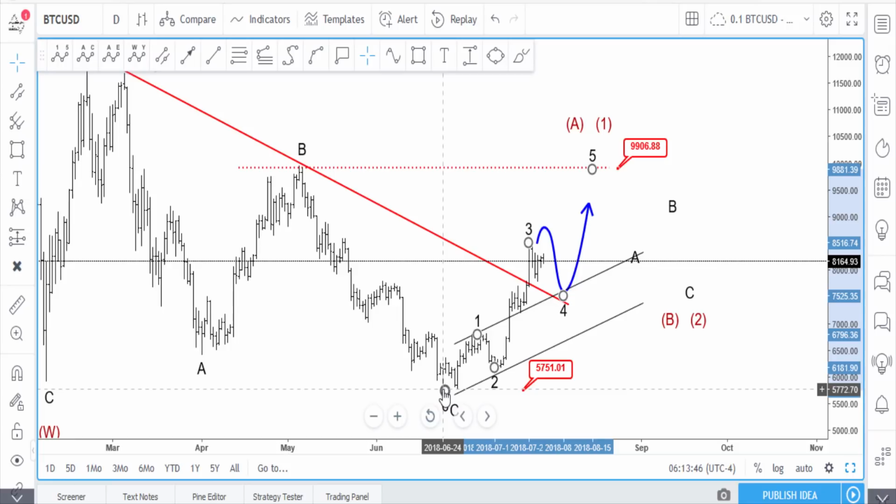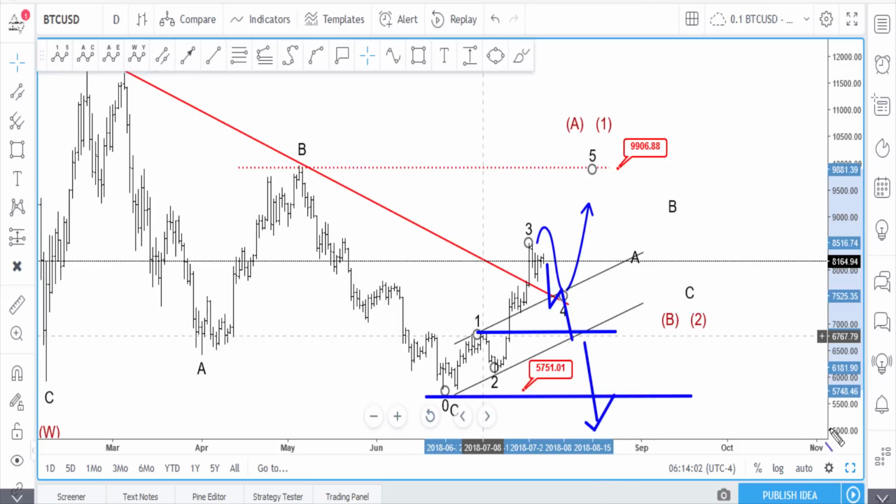So definitely I'm looking for more upside here on Bitcoin, and I would stay with this cycle as long as we are trading above this wave 1 swing high, which was at 6,800 or around there. If we see a drop below that level in an aggressive 5-wave structure, then I would again be looking for a new low and possibly focus on 5,000 in such a case.